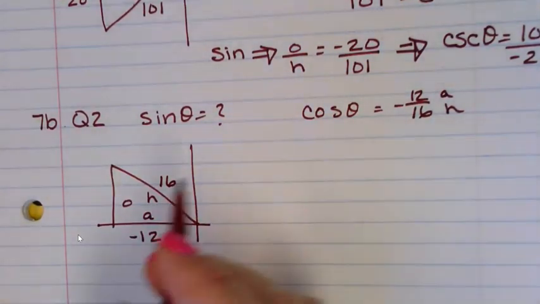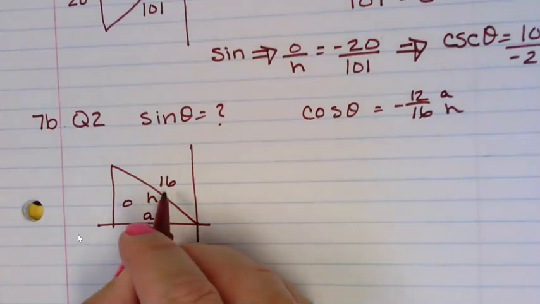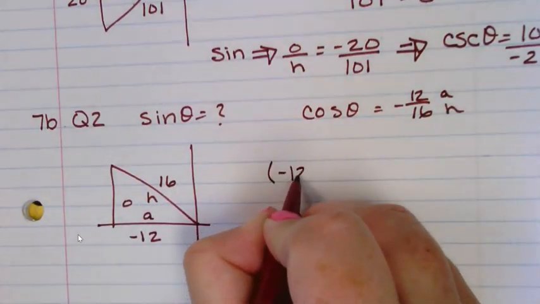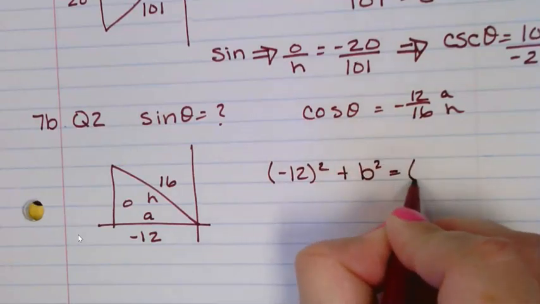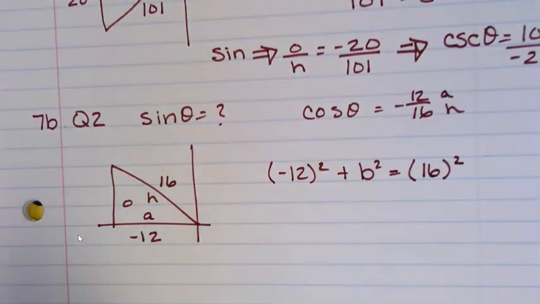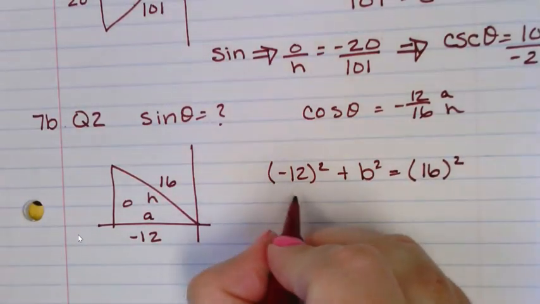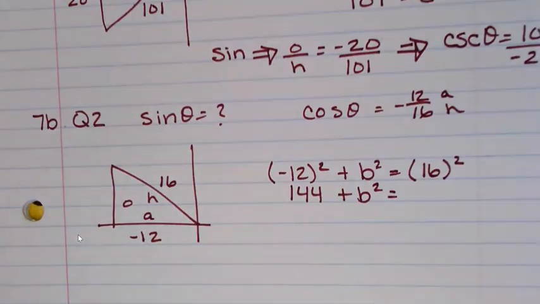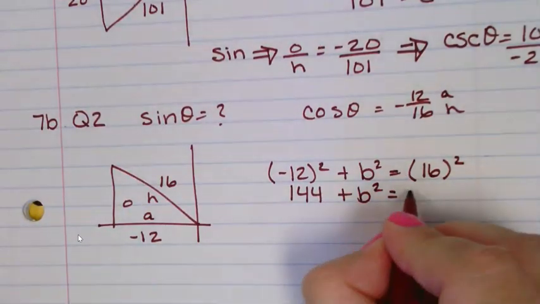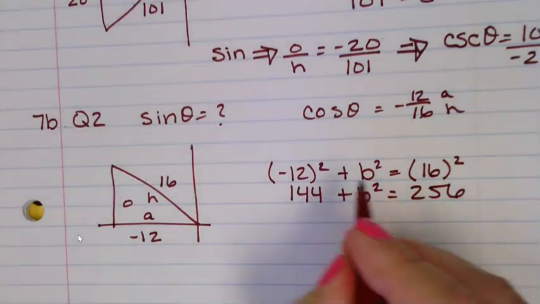Now, we got to be careful. We have our A, we have our C. So this would be negative 12 squared plus B squared equals 16 squared. Okay, so 144 plus B squared equals 256.